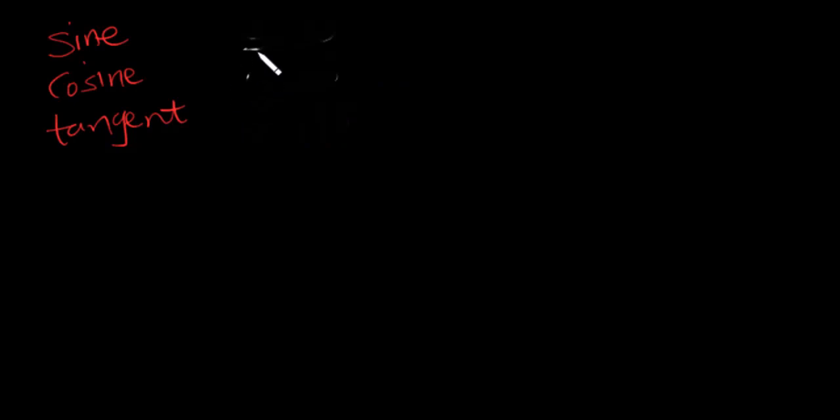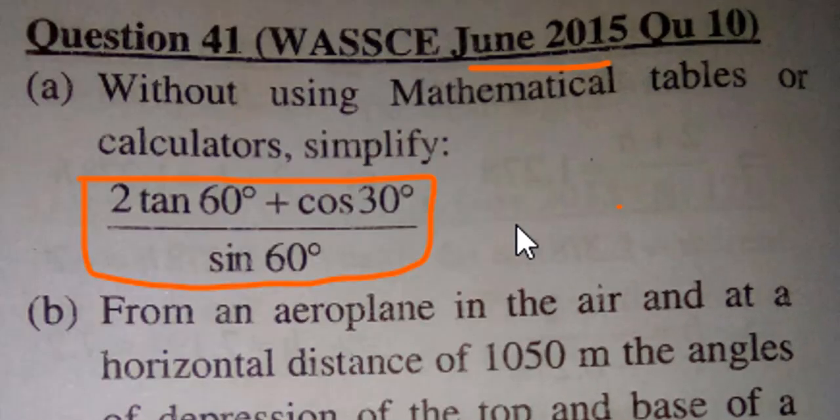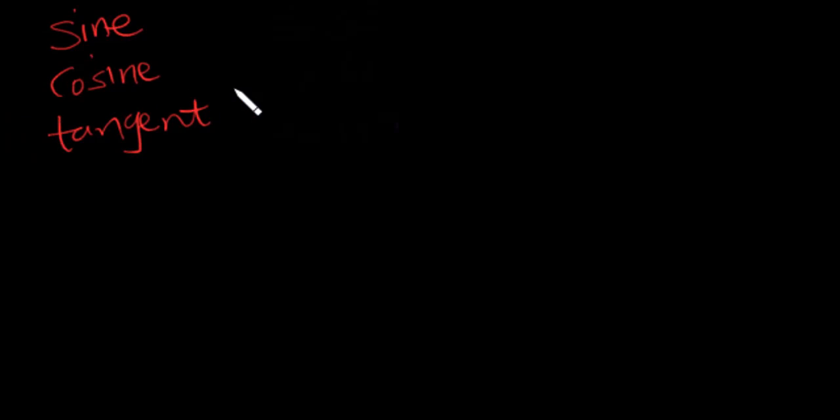Now the first thing I want to say is that if you look at the question, we see the angles 30 and 60. So first I want us to look at the trigonometric ratios of some basic angles, some acute angles. I'm going to draw a table here.